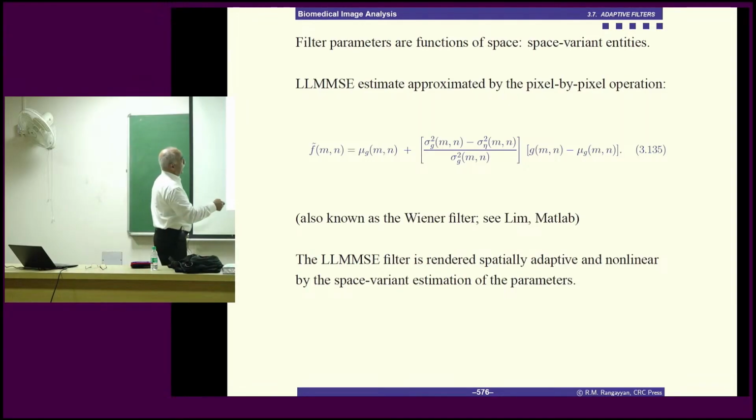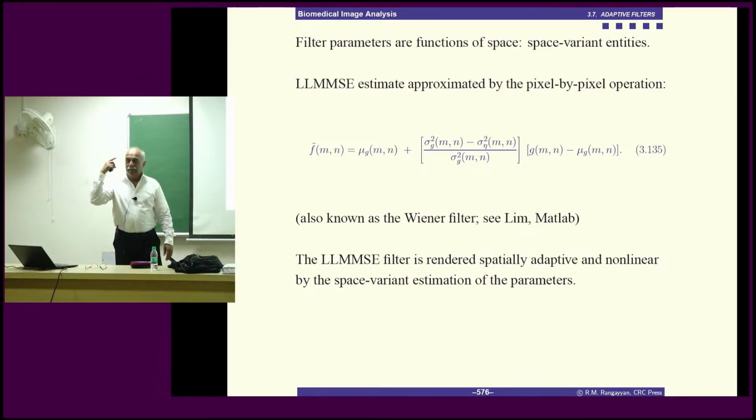So this is some factor, let us say. You could say by removing the variance of noise from G, which has signal and noise, you are getting an estimate of sigma square F, the original variance of the original, in a way, divided by this.